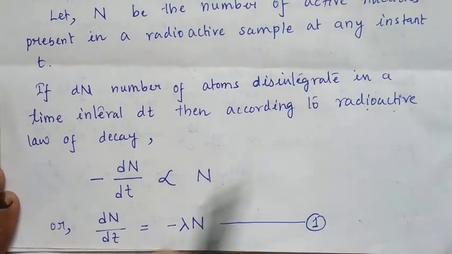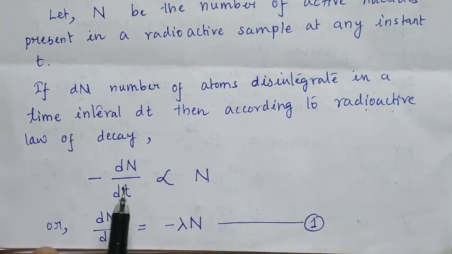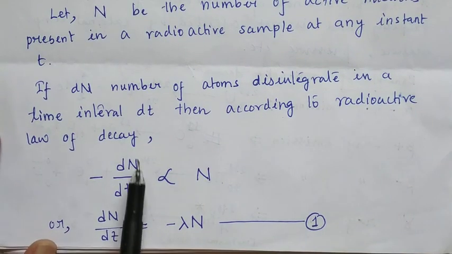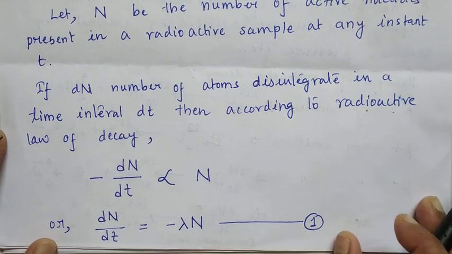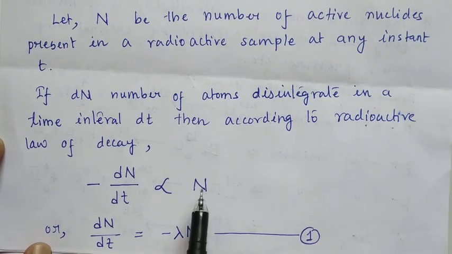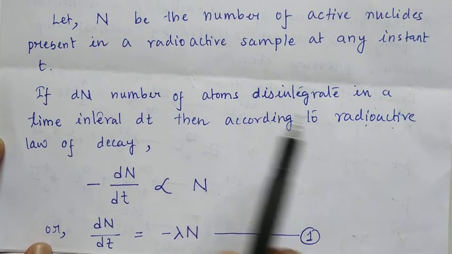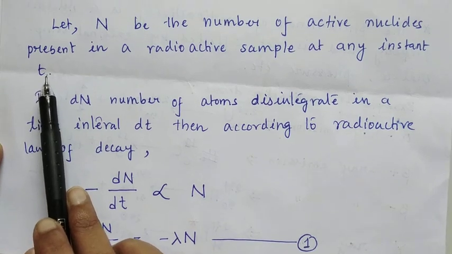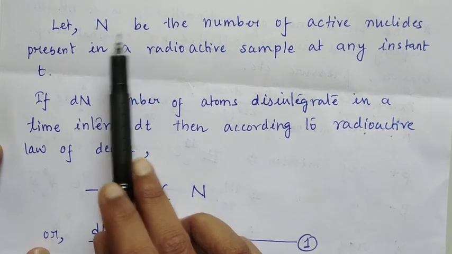So dn/dt is proportional to the number of atoms present at that moment, that is n. At any instant of time t, the number of atoms present in that sample is n.